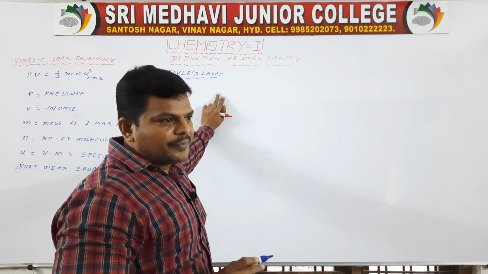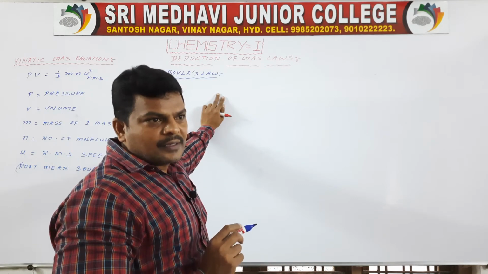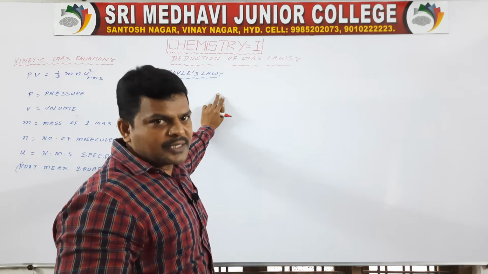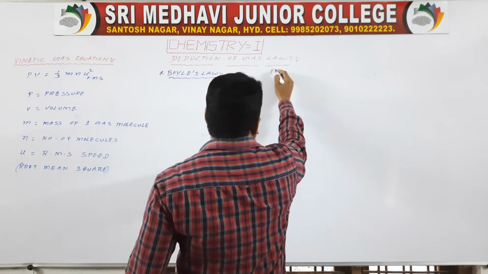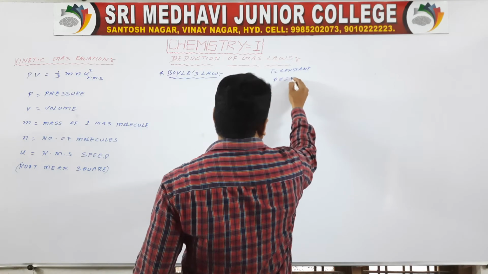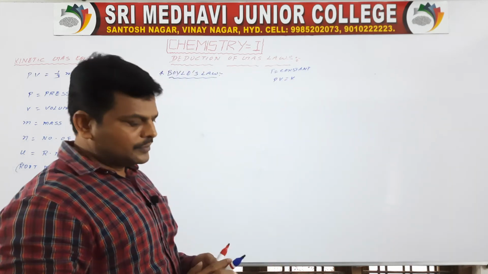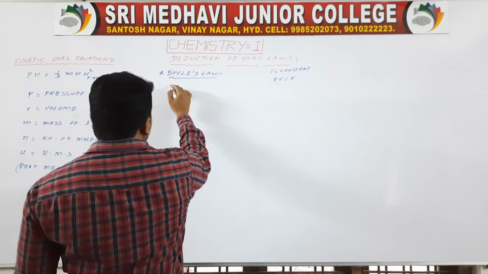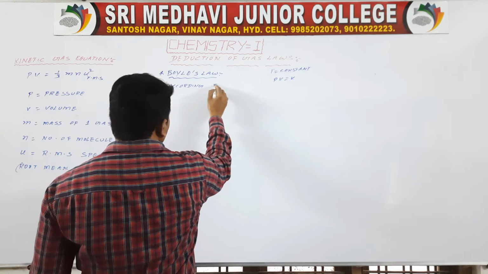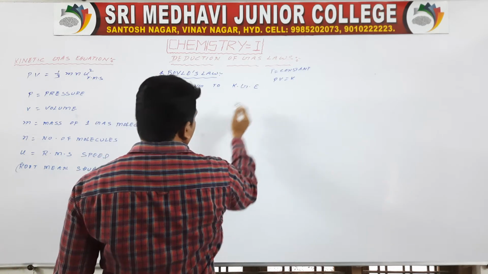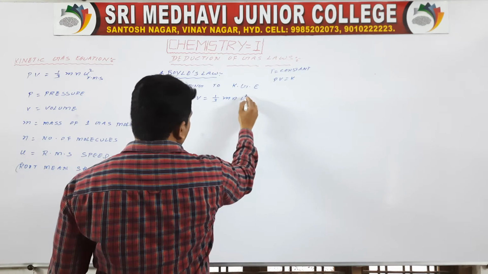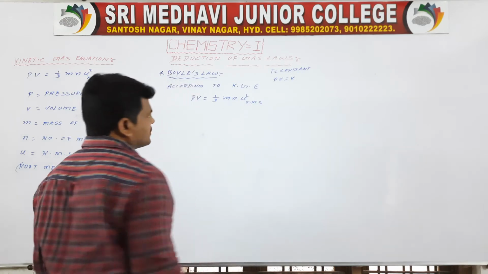So what is Boyle's law? At constant temperature, the volume of a given mass of a gas is inversely proportional to its pressure. That means we are going to show that at constant temperature, PV equal to K. According to the kinetic gas equation, PV equal to 1 by 3 m n u square RMS.